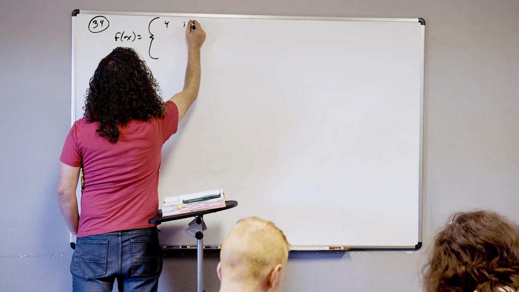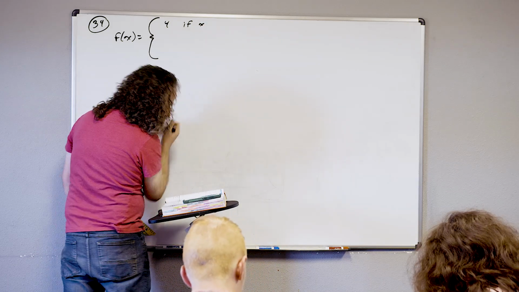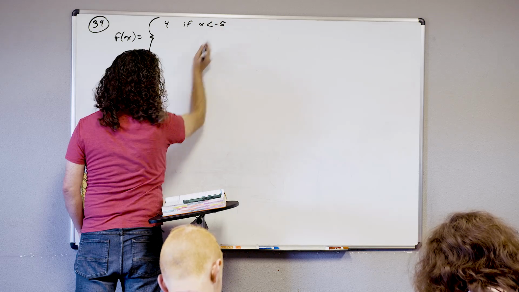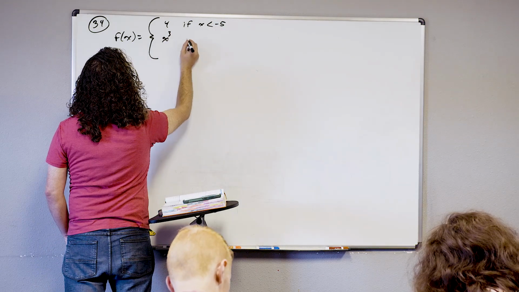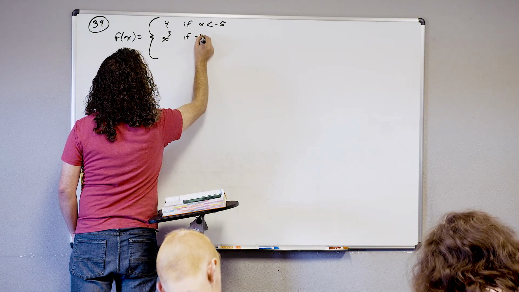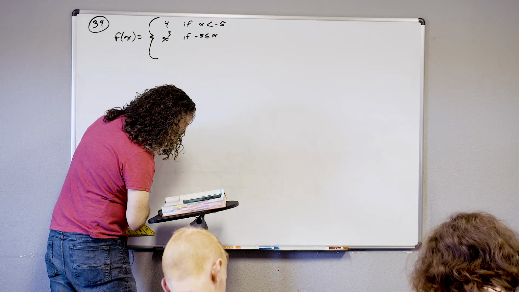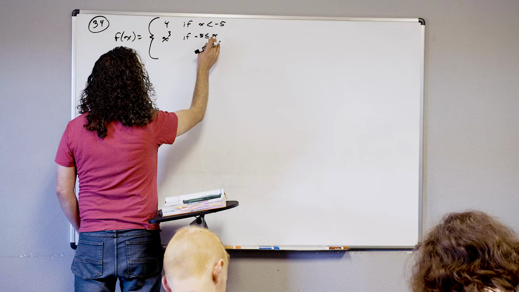Or if x is less than something. Is it negative? Yeah, it's just less than -5, and it's x cubed. If x is between -5 inclusive and some other number, presumably. Oh, just kidding. That's not what it is.